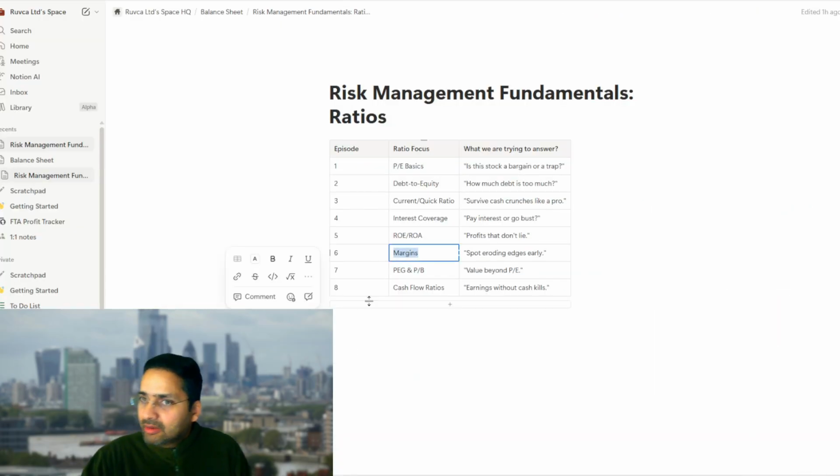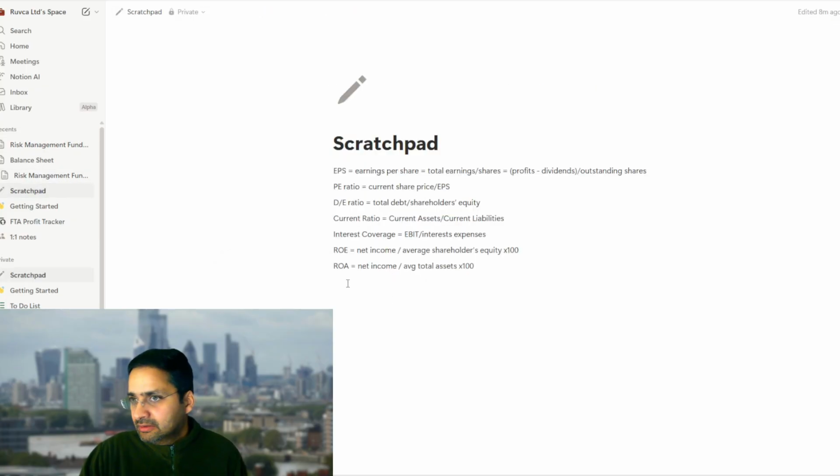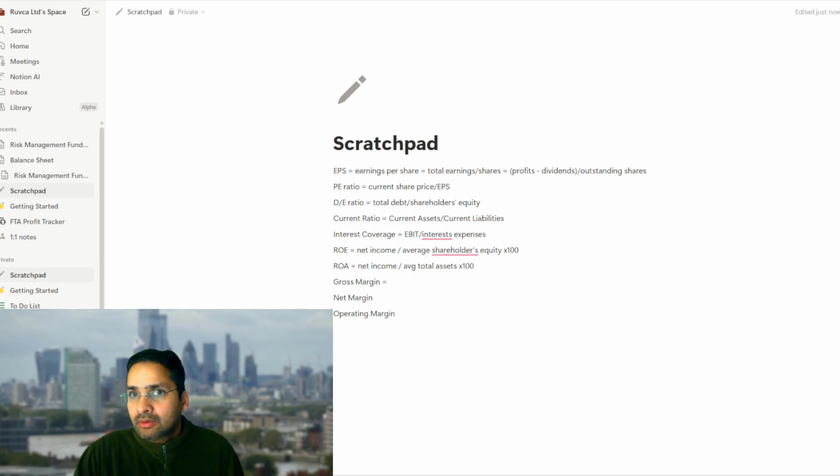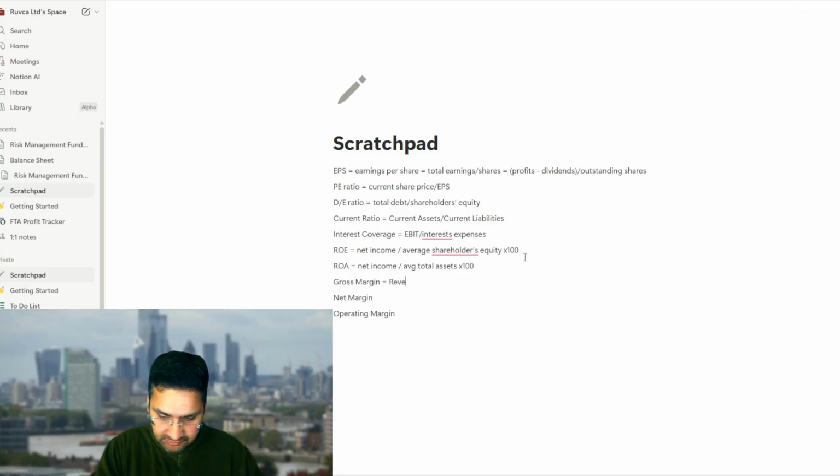So now we'll talk about margins, specifically gross margin, net margin, and operating margin. So gross margin is basically revenue minus cost of goods, basically your expenses, divided by revenue.